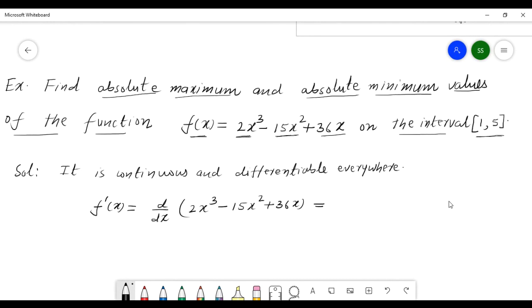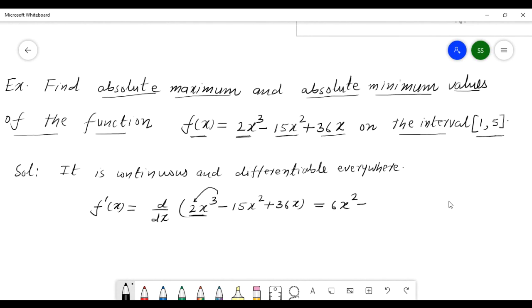Now look, the derivative of 2x^3: here 3 is the power and here 2 is the coefficient, so 3 times 2 is 6, and the derivative of x^3 is 3x^2, so 6x^2.